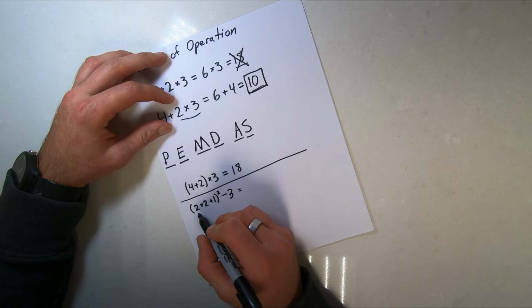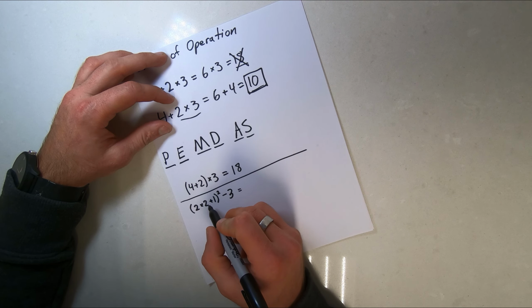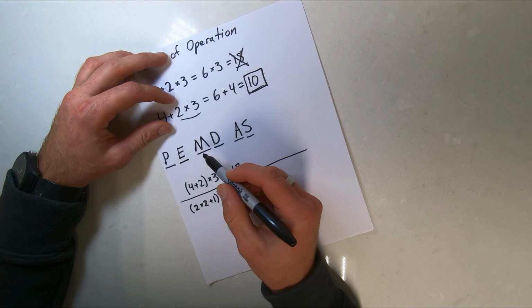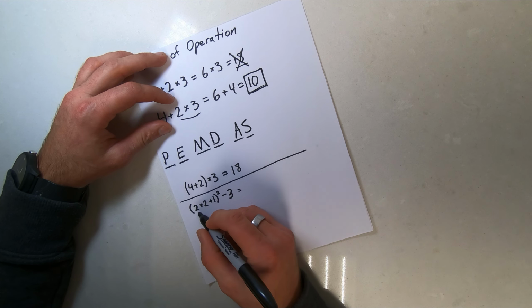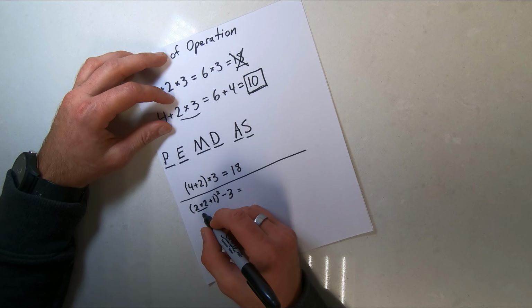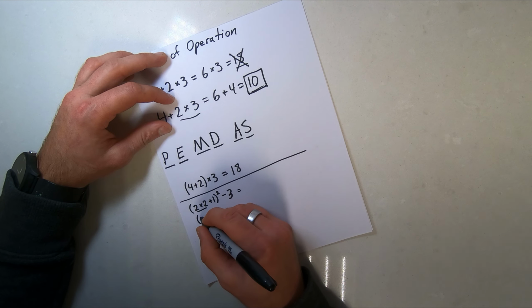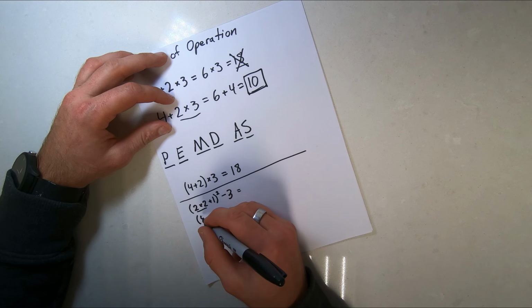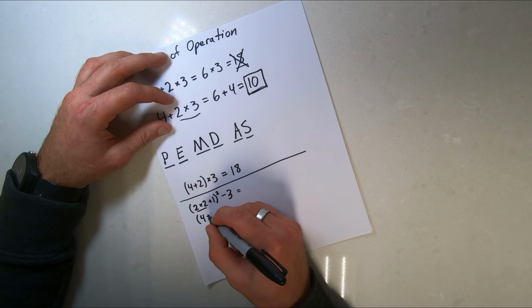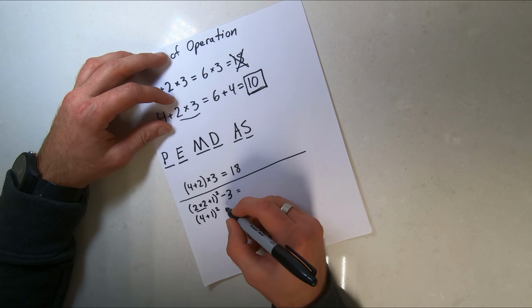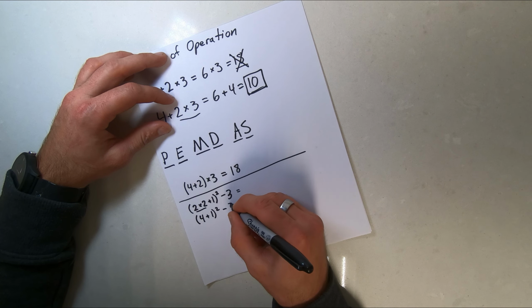And inside we have 2 operations. Next we move on to multiplication because it goes before addition. So 2 times 2 is 4, plus 1, that's squared, minus 3.